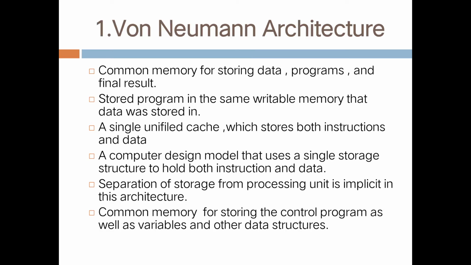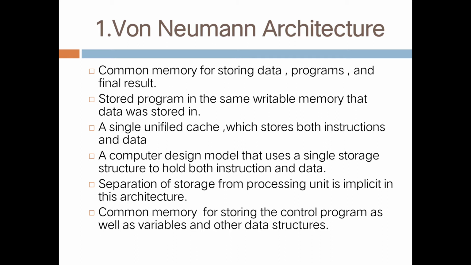First, von Neumann architecture. In this architecture, there is a common memory for storing data, programs and final result. The program is stored in the same writable memory that data is stored in. There is a single unified cache which stores both instruction and data.